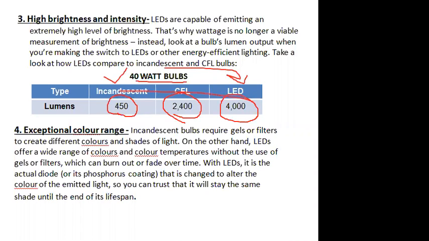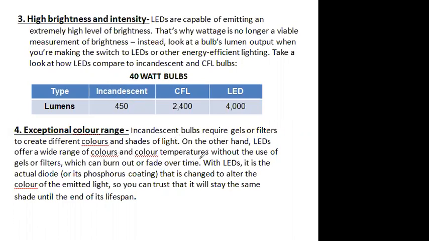Okay. Then exceptional color range. As we see, LED produces a range of colors. So this is also an advantage. Incandescent bulbs require gels or paints to create different colors and shades of light. On the other hand, LEDs offer a wide range of colors and color temperatures without the use of gels or filters, which can burn out or fade over time.